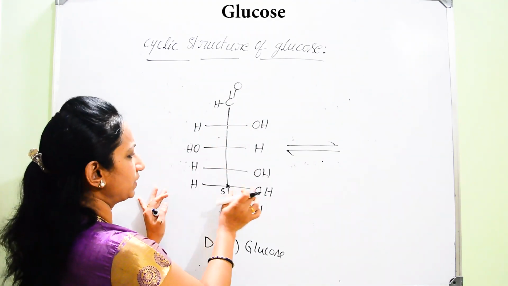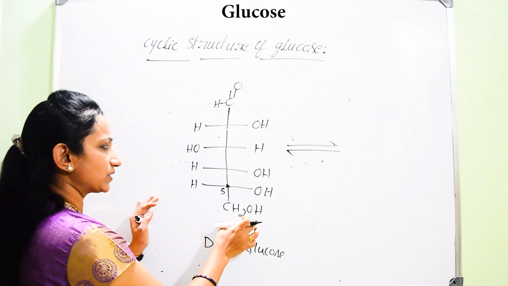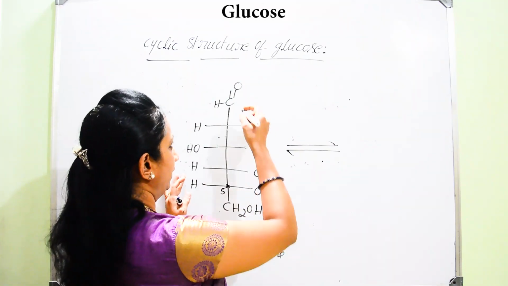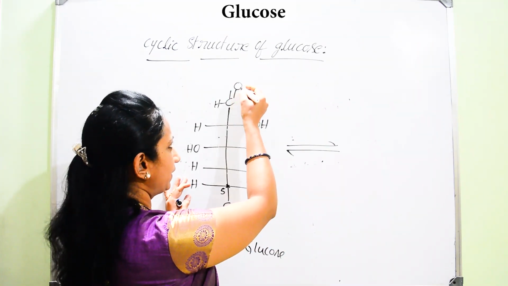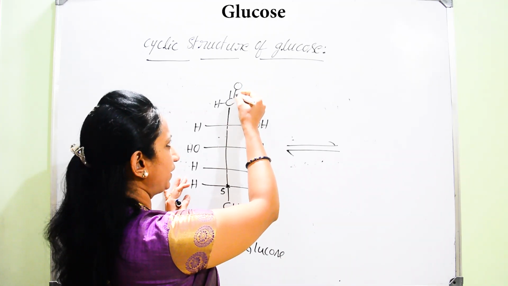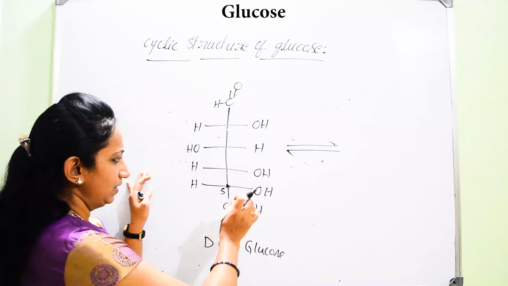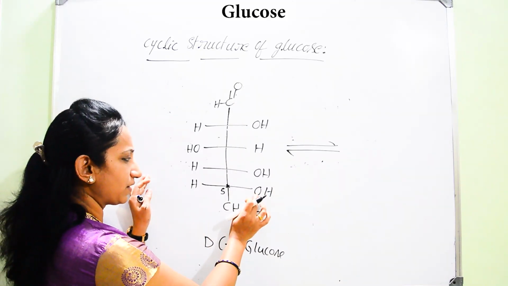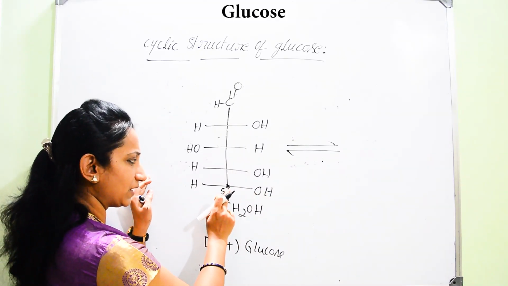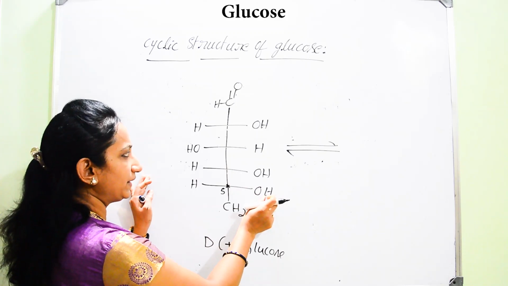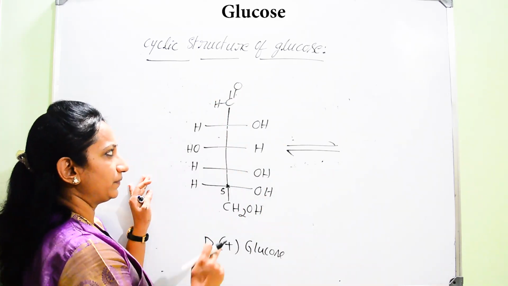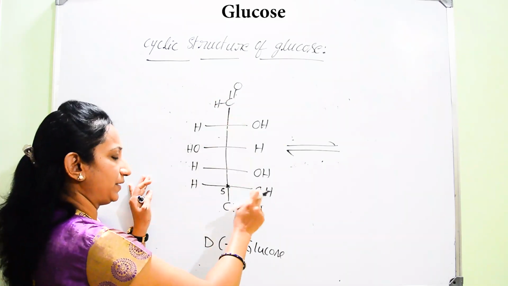Now as you can observe here, let me write the alpha form and beta form. In this double bonded oxygen atom, the bond shifts towards the electronegative oxygen atom. The hydrogen atom of the hydroxyl group belonging to the fifth carbon atom gets attached to this oxygen atom of the first carbon atom.